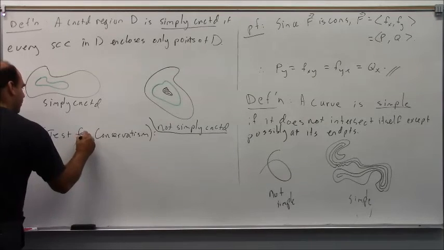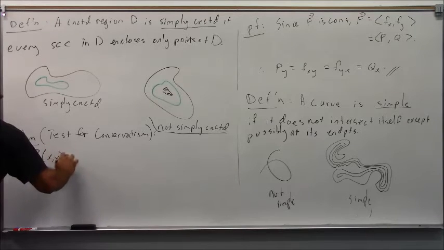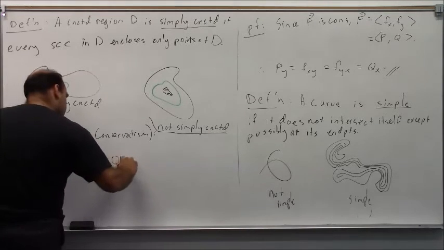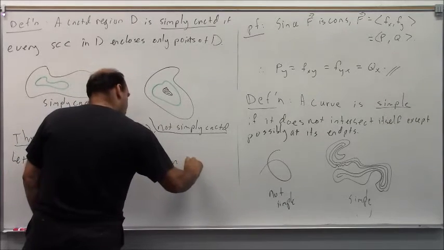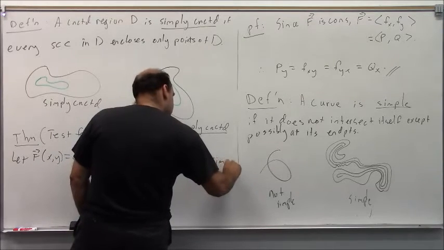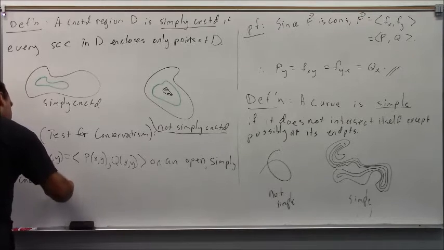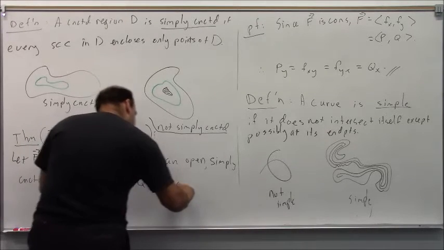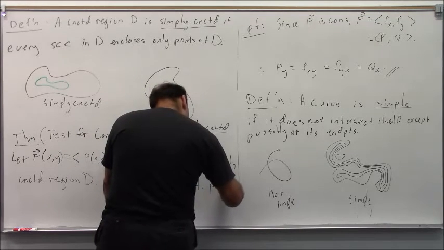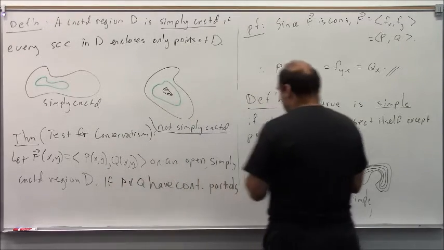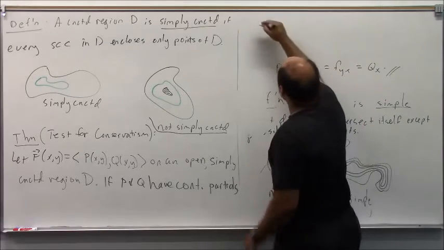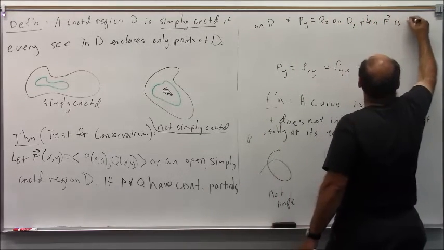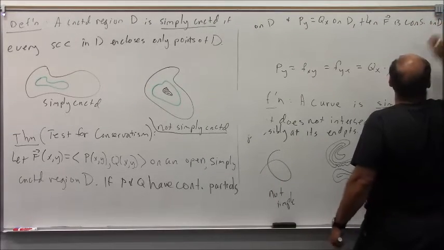Let F(x,y) equal this vector field, ⟨P(x,y), Q(x,y)⟩, on an open, simply connected region D. If P and Q have continuous first partials on D, and P sub y equals Q sub x on D, then F is in fact conservative on the region D.